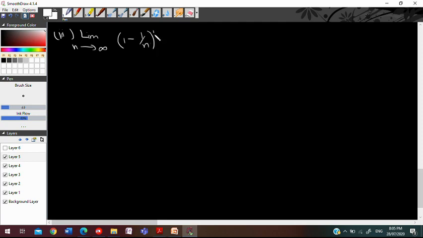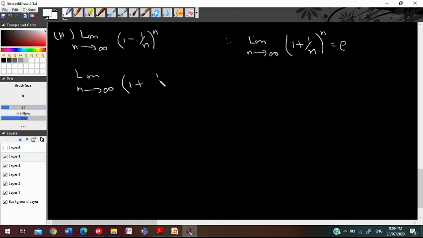The difference is that the statement of our theorem was limit n approaches to infinity, (1 plus 1 by n) power n is equal to this exponent. But here we have this minus sign. Simply, limit n approaches to infinity, (1 plus 1 by minus n) power n. We have taken the minus over here.